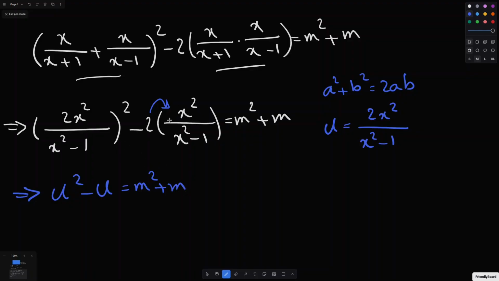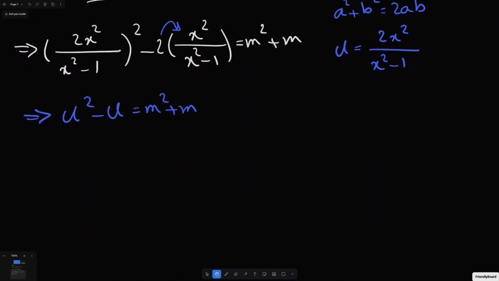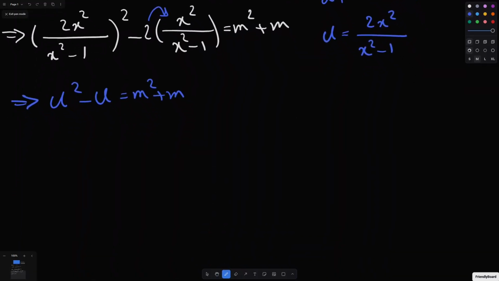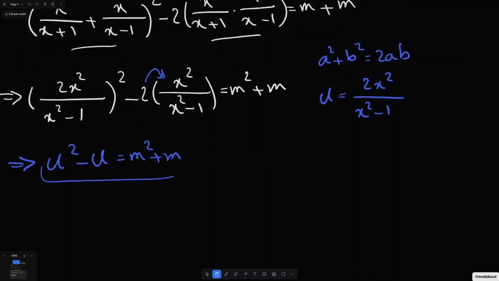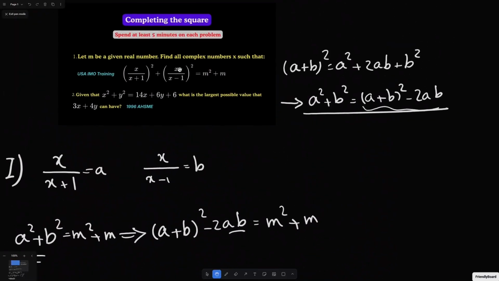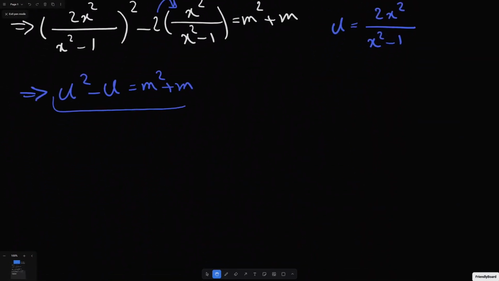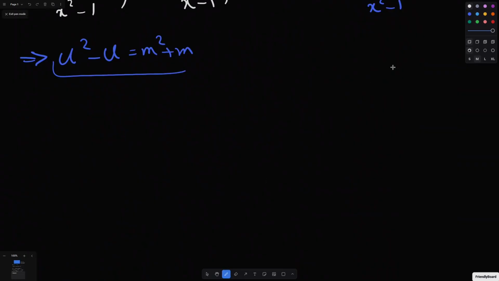So I did multiply the two, and then it's just going to be u, and I substitute back, and that's it. That's all I have. So now what I'm dealing with is just a simple quadratic. And as you can see, we went from a complex looking equation in the problem to a very simple quadratic equation. Now, let's see how we can solve this quadratic equation.